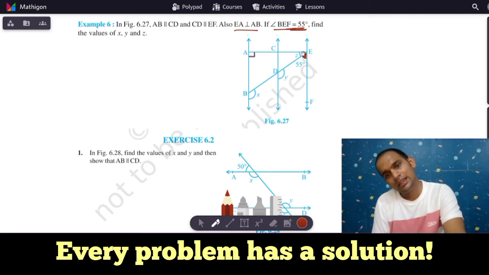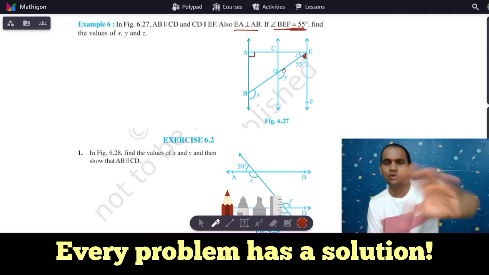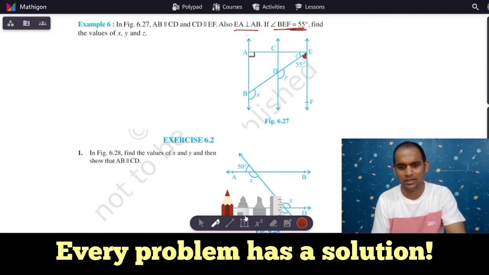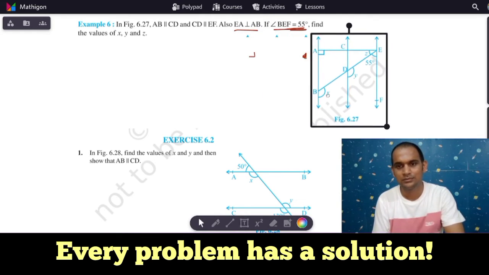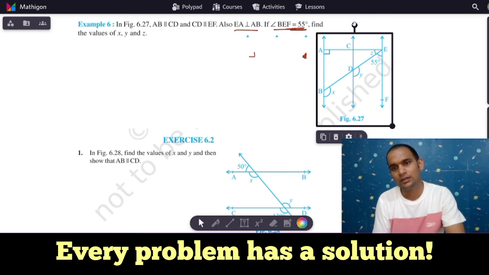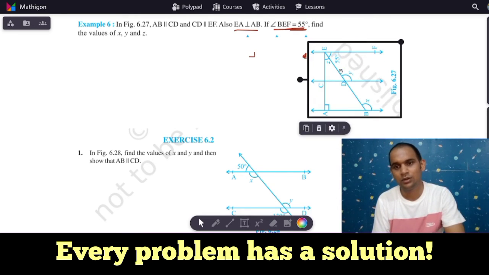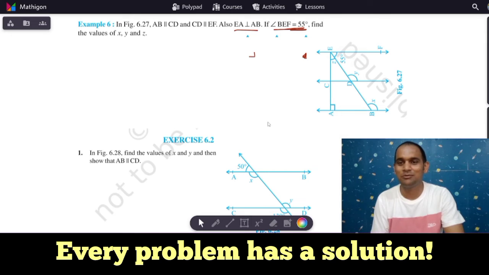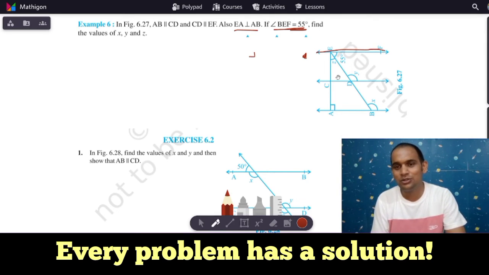Now you can just rotate this particular figure. I'll rotate it. That's the best thing. Once I rotate it, it becomes very easy, right? Now, as you can see, this is parallel to this particular line.